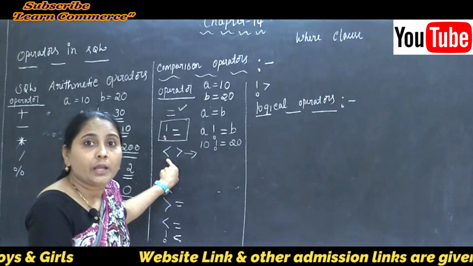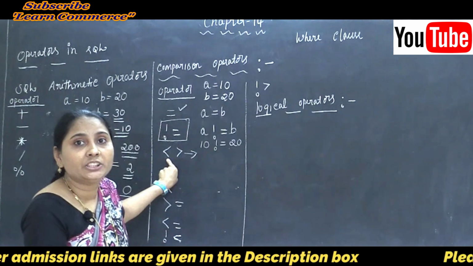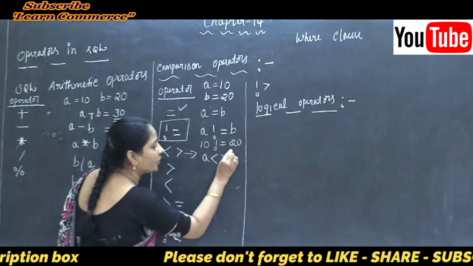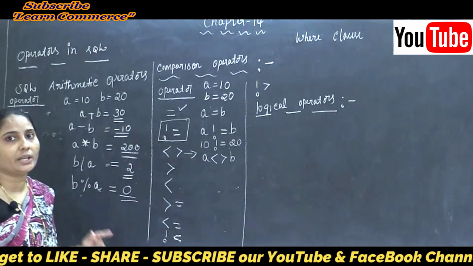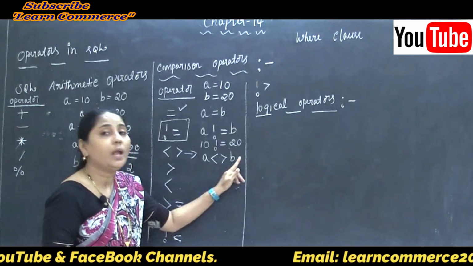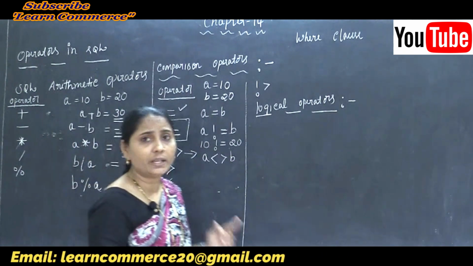If the values are not equal, then the condition becomes true. When you use A is not equal to B, the condition is true because the 10 value is not equal to B here.